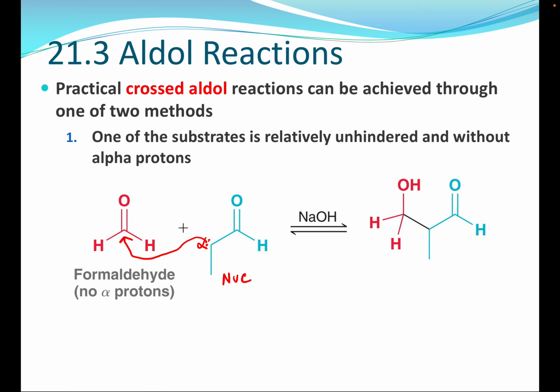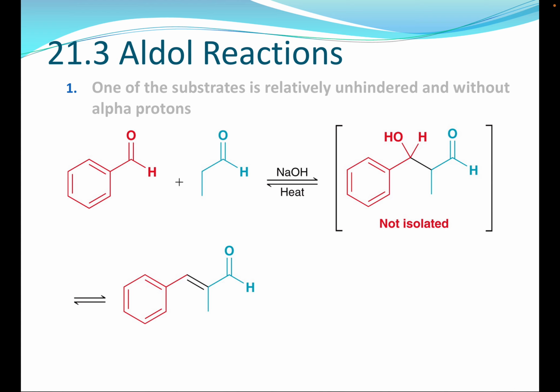And once again, we've got this color-coded, the blue aldehyde that serves as the enolate with the alpha position is keeping and retaining its carbonyl structure. And of course, we've got 1, 2, 3 carbons, 1, 2, 3. So that is one way to control your crossed aldol products.